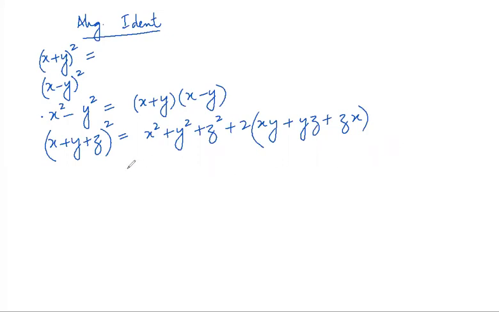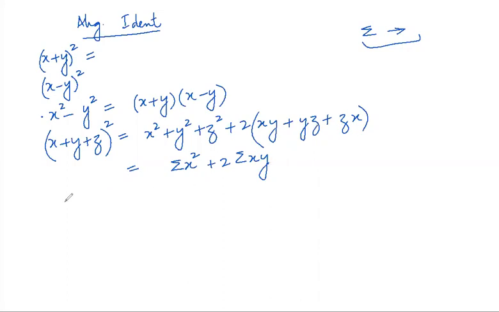You can express this identity like this also: summation x square means x square, then y square, then z square plus 2 into summation xy. With xy I mean multiplying two variables, like summation stands for addition of all the possible terms. First will be xy, then yz, then zx.